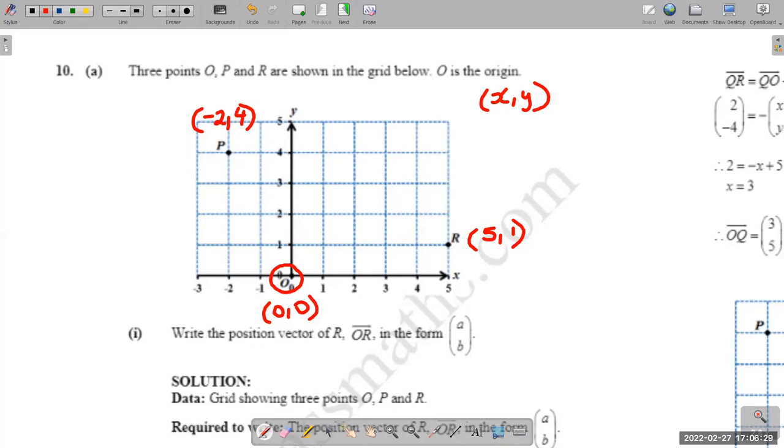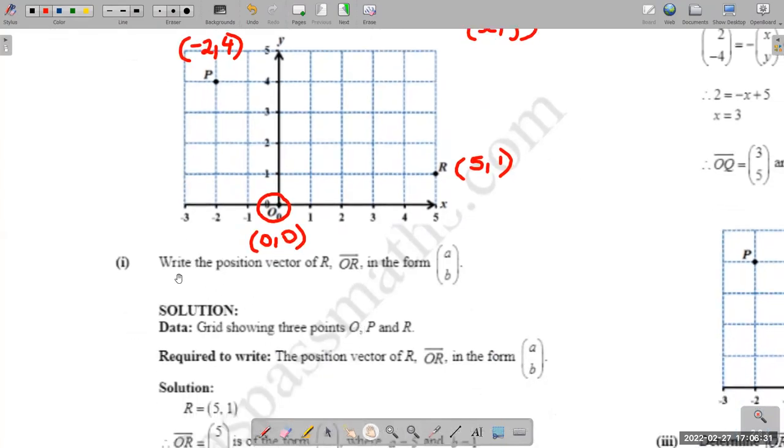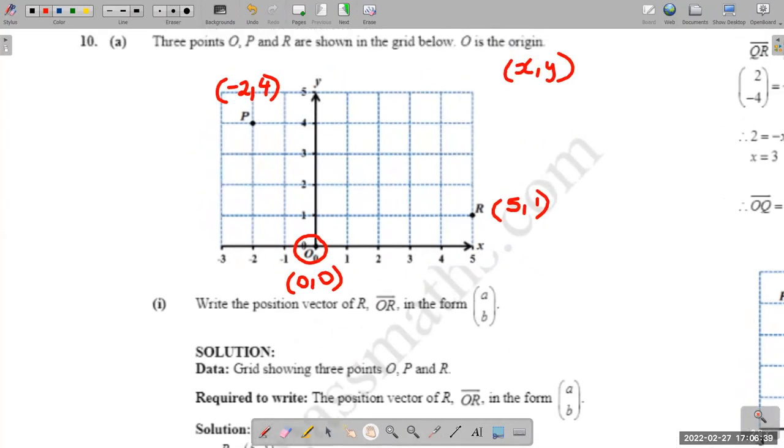All right, so let's go into the first question. Write the position vector of R, or OR, in the form of a column vector. We know that the position vector means that it is generated from the origin, and so we just use the point R to get this answer. So what is the point R? 5, 1.